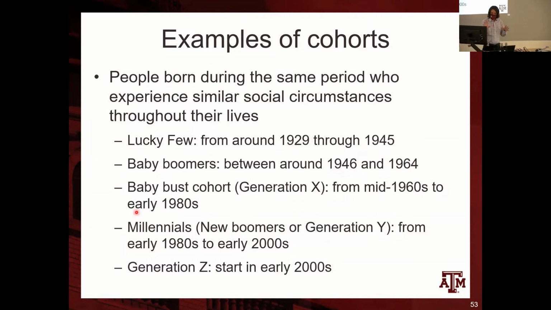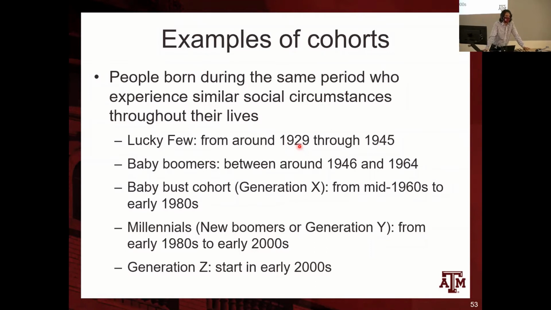But I put here information based on the textbook, and I added the newer cohorts that were born in more recent years. So the lucky few were those people born between around 1929 and 1945.